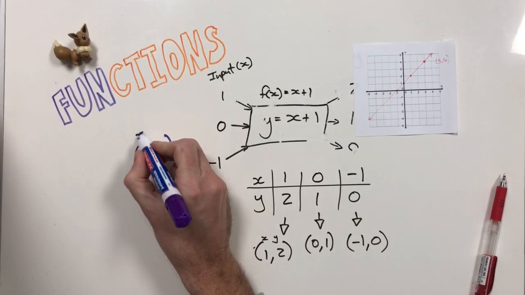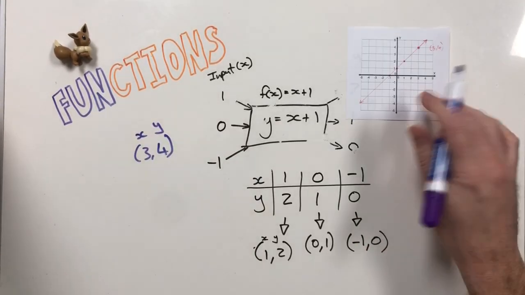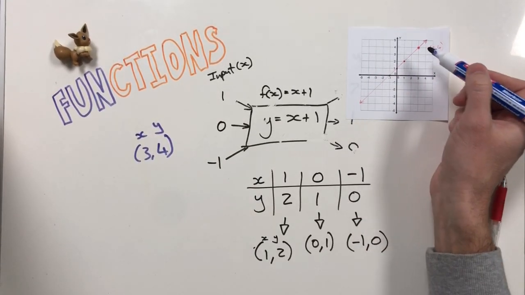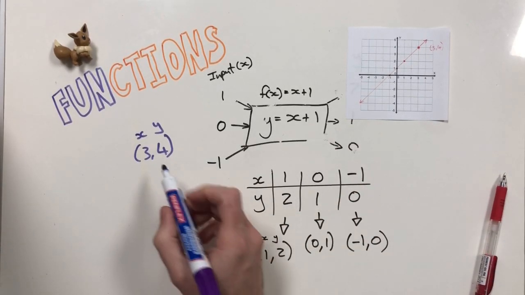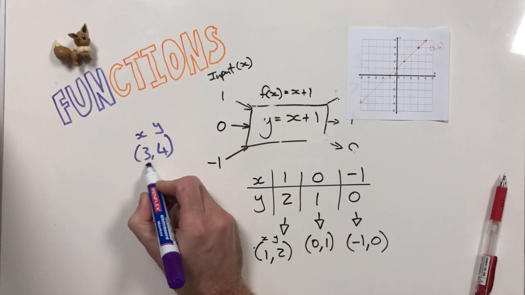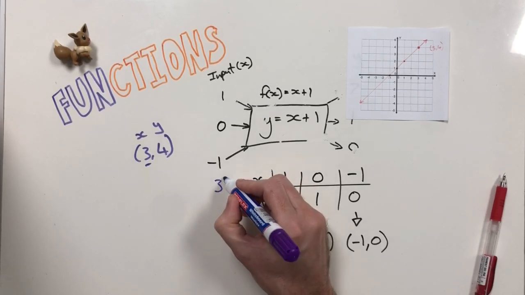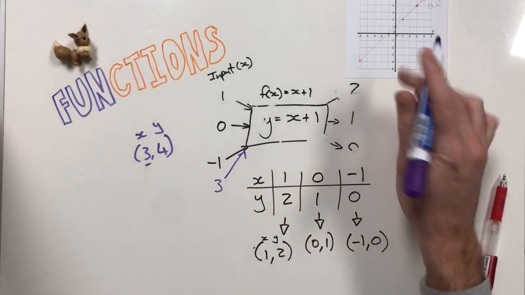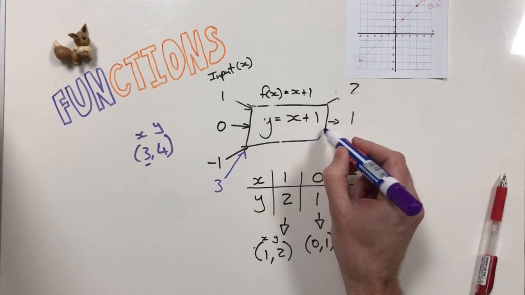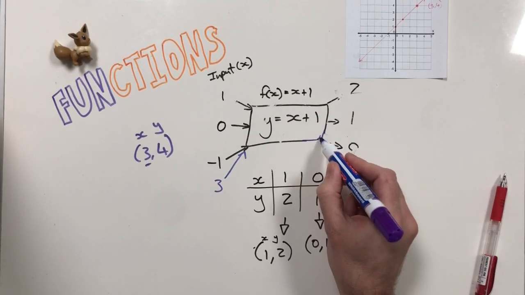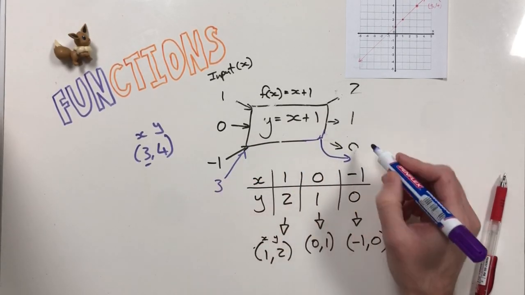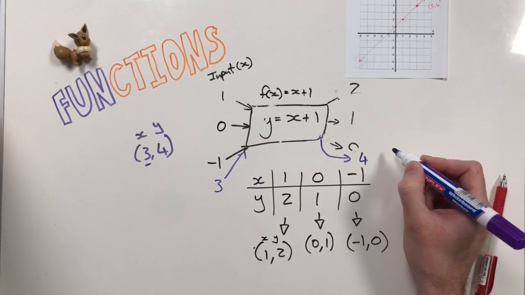This is my x value and this is my y value. If I drew this line correctly, and if I'm telling the truth, then if I were to put x, my input here, as 3, then my output here should be 4, if I'm correct.